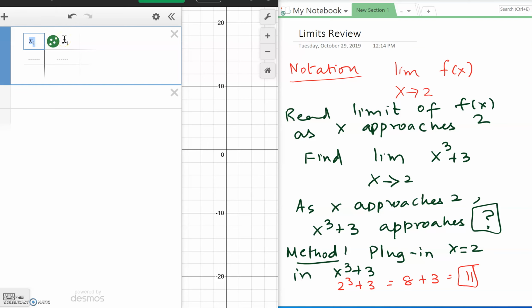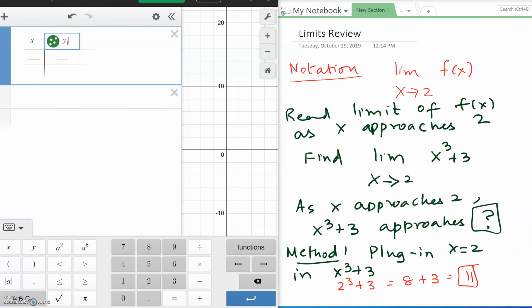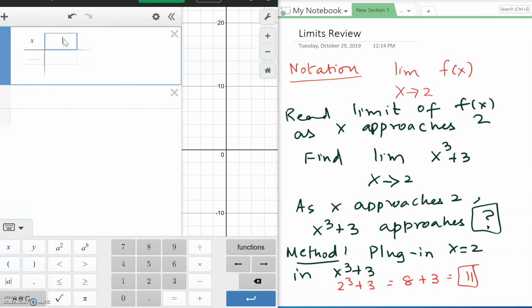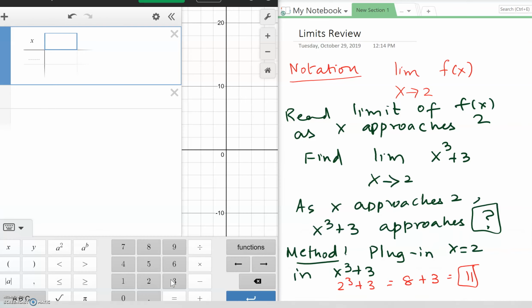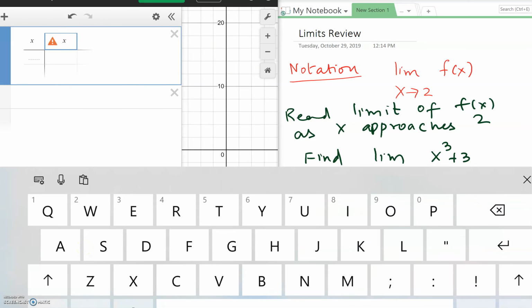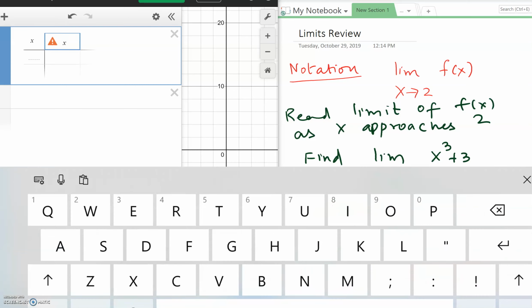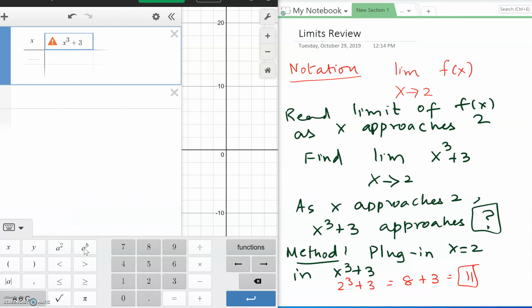We're going to put x, and then the function, x cubed plus 3.